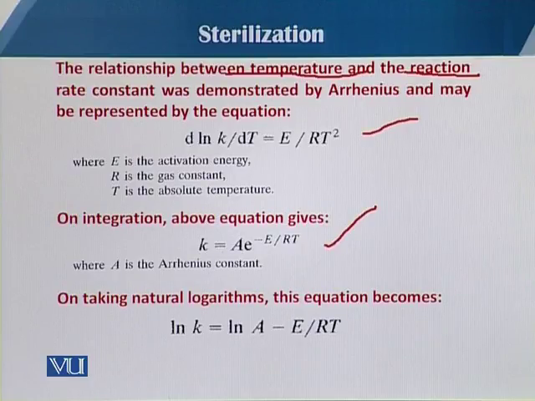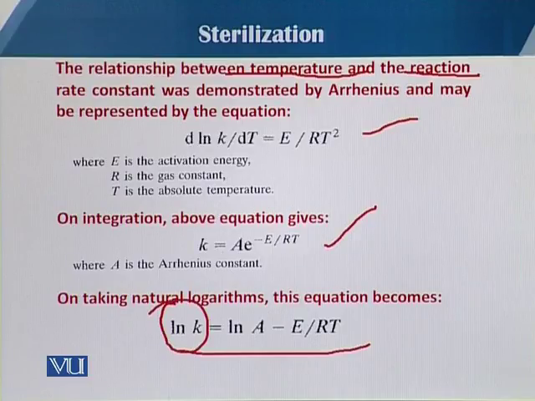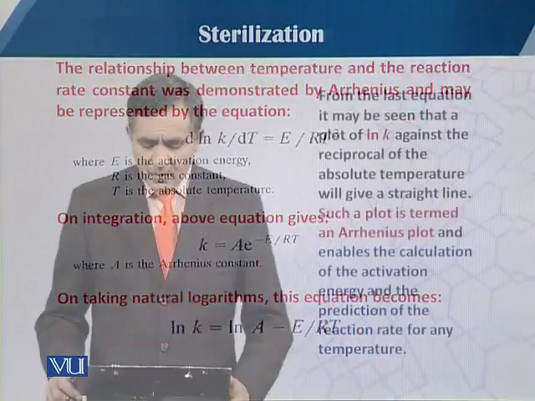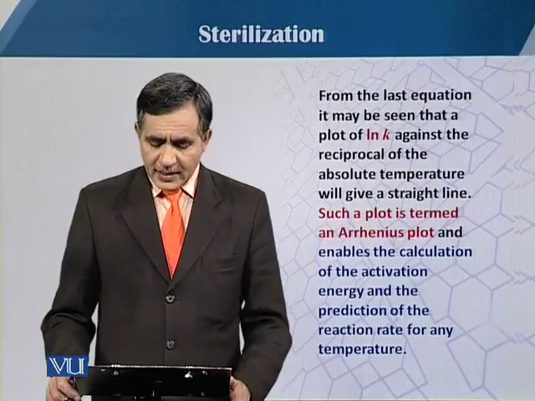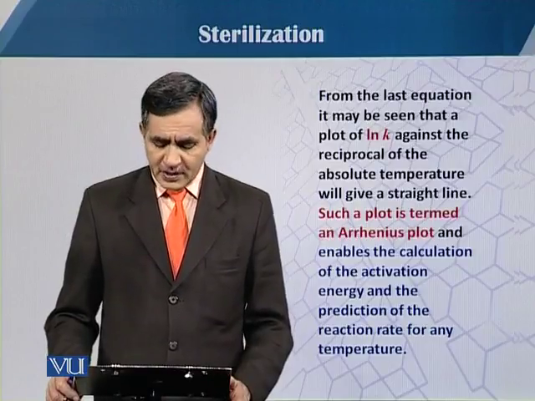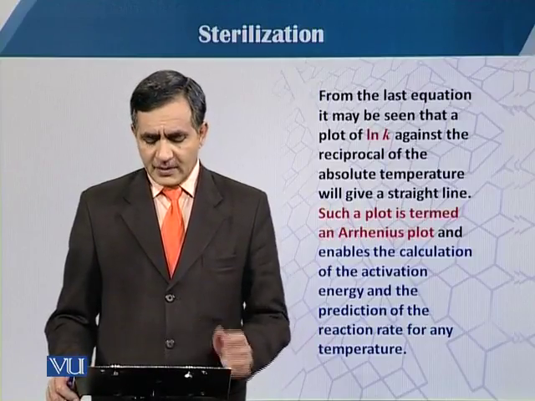When we take the natural logarithm of this equation, we have ln K equals ln A minus E over RT. If we plot the graph between these two, it may be seen that the plot of ln K against the reciprocal of the absolute temperature gives a straight line.